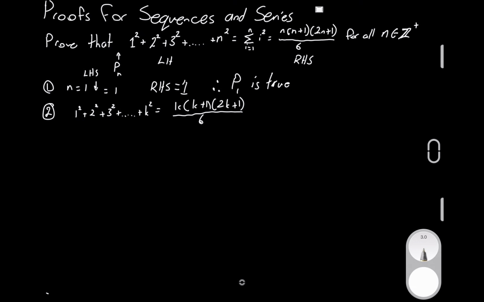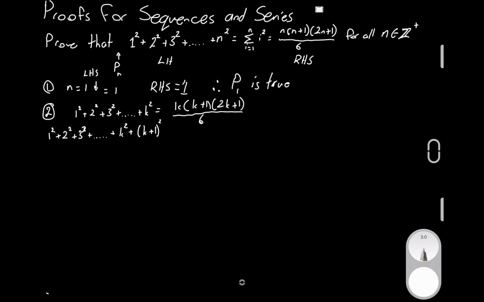We're also going to take this the next step further and make it 1 squared plus 2 squared plus 3 squared, all the way up to k squared plus k plus 1 squared, and that's giving us that bit there.